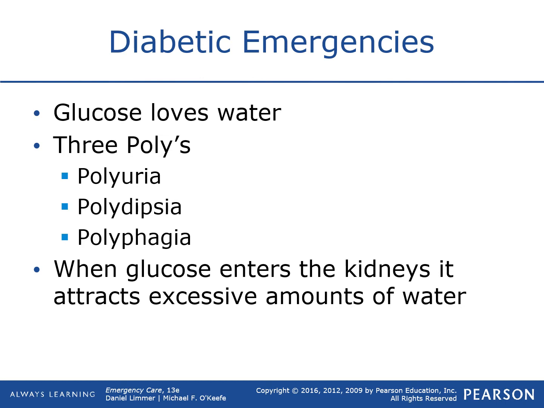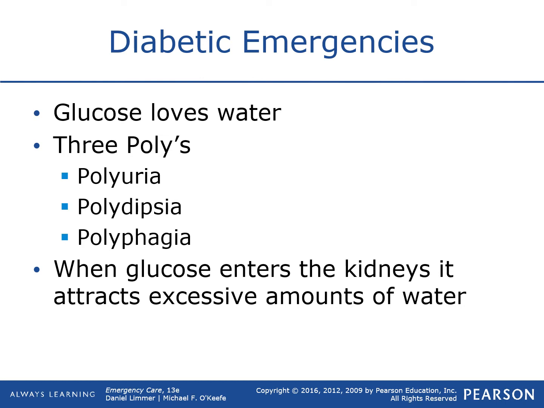The next one is polydipsia. Polydipsia is increased drinking. So it's someone who has a ton of thirst, and they're having so much thirst because your body senses that we need more water to mitigate this glucose. So your body wants to drink as much water as possible so that we can have this glucose attract that water and balance out our bodies.